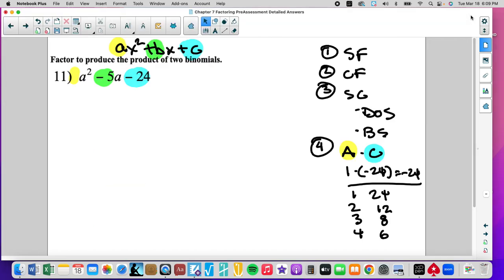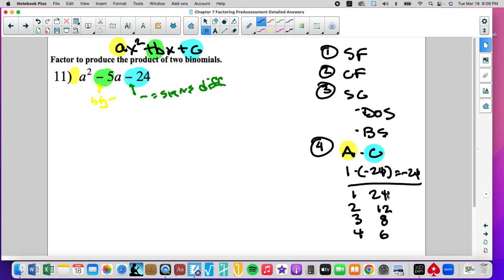So in this case, we look here first. We always look at this sign. If this sign is negative, that means the signs are different: one's positive, one's negative. And then I go over to here and I see that the bigger of the two is negative. So the signs are different and the bigger is negative.